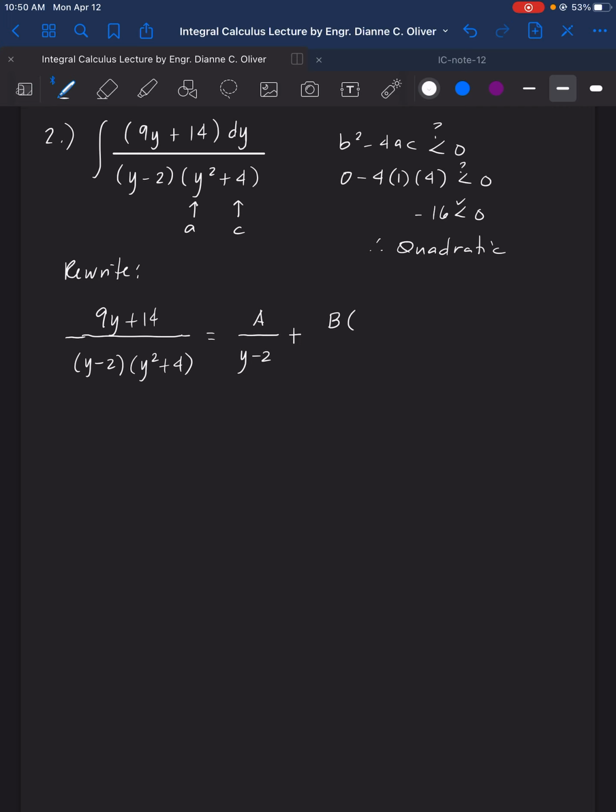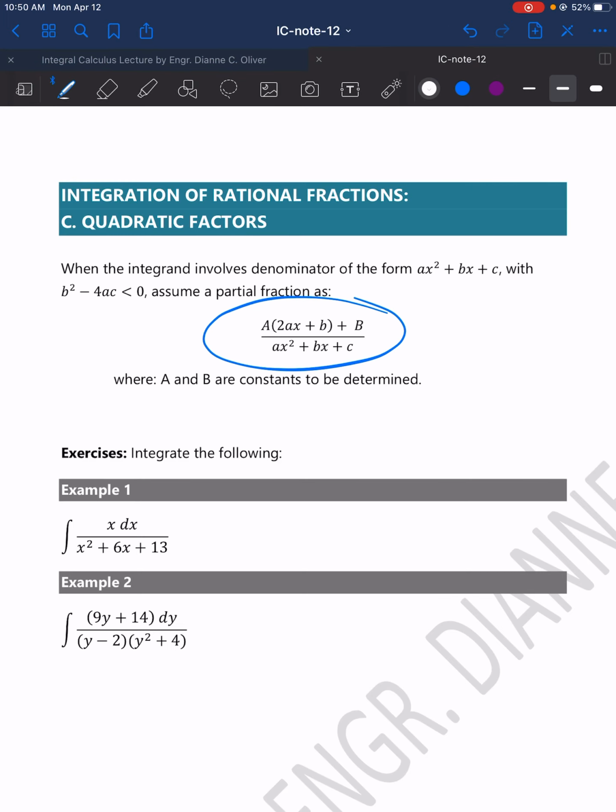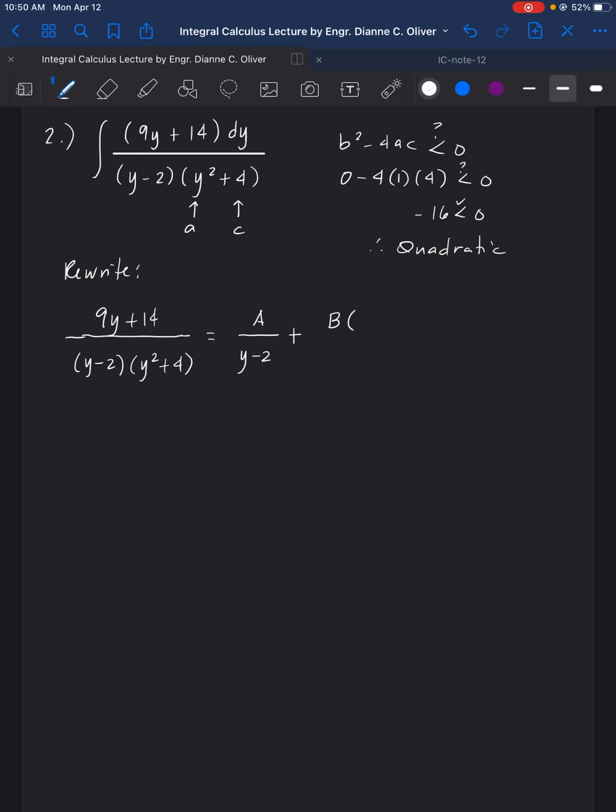In this case it's 2ay, with a being 1, so we have 2y, plus b, which we don't have here so that is 0, plus c, and over y² + 4. So we have here the denominator that is quadratic.